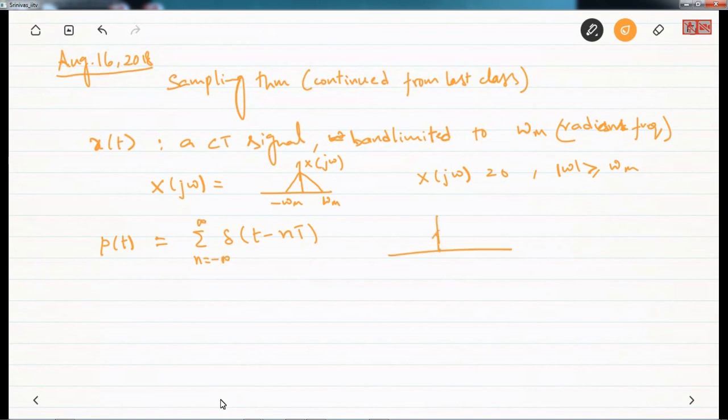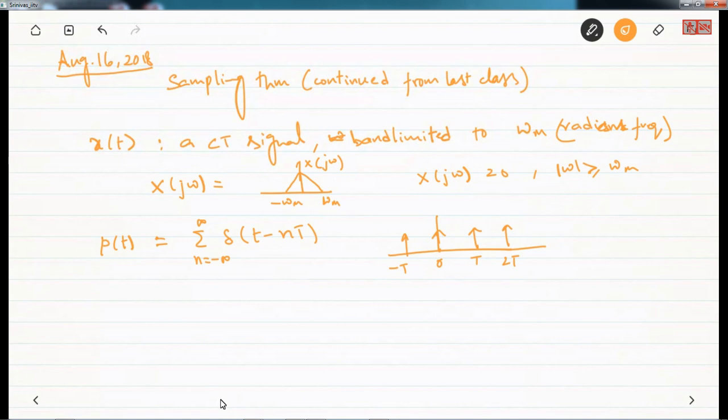So it's a periodic impulse at 0, T, 2T, minus T, and so on. This is equivalent to sampling the signal at every T units.